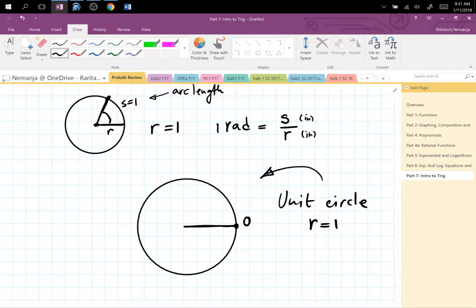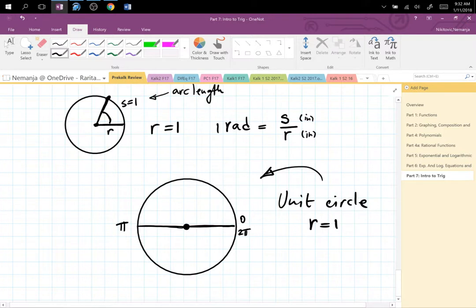Now here are the divisions. If you go from one side to the other side, this being the center over here, this measurement we call pi. So half a circle is pi. And if you go the full circle, it's 2 pi.